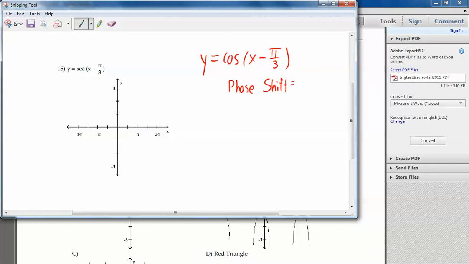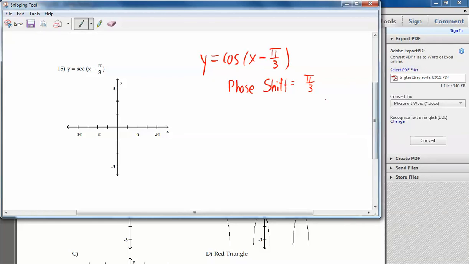So my starting point is going to be what? Positive pi over 3. That's my starting point of my graph. My ending point is going to be my phase shift plus my period.